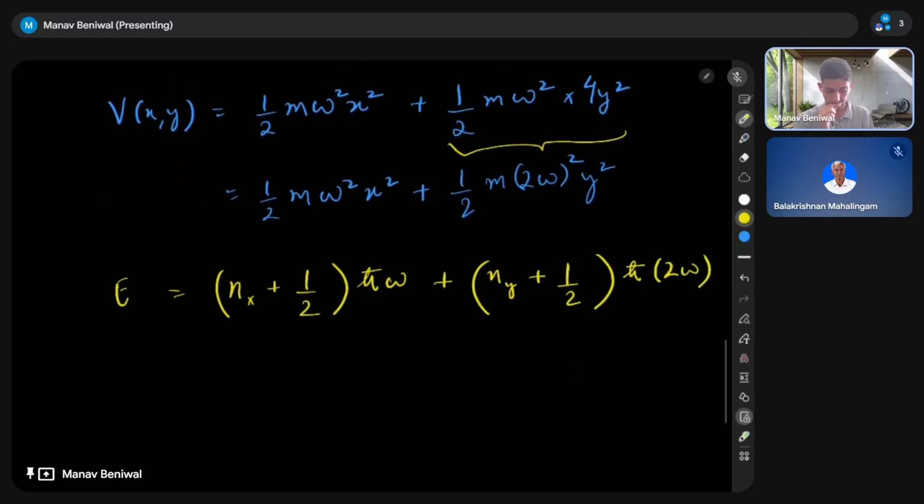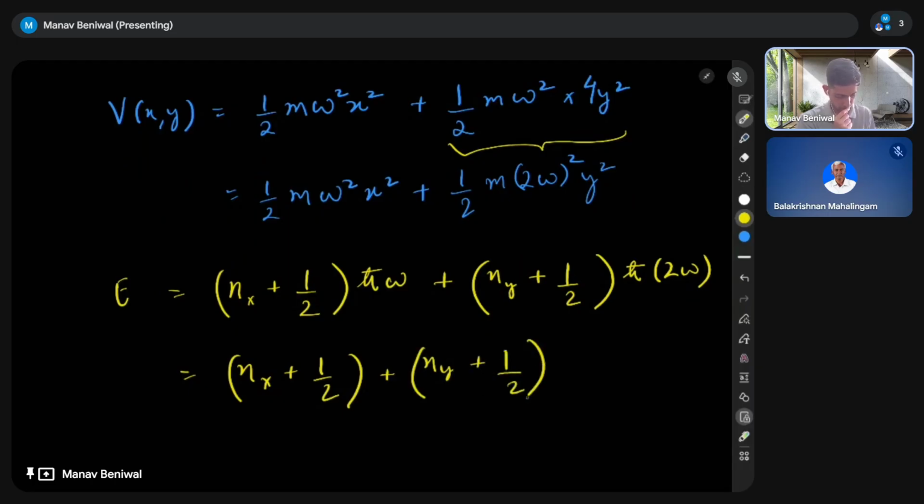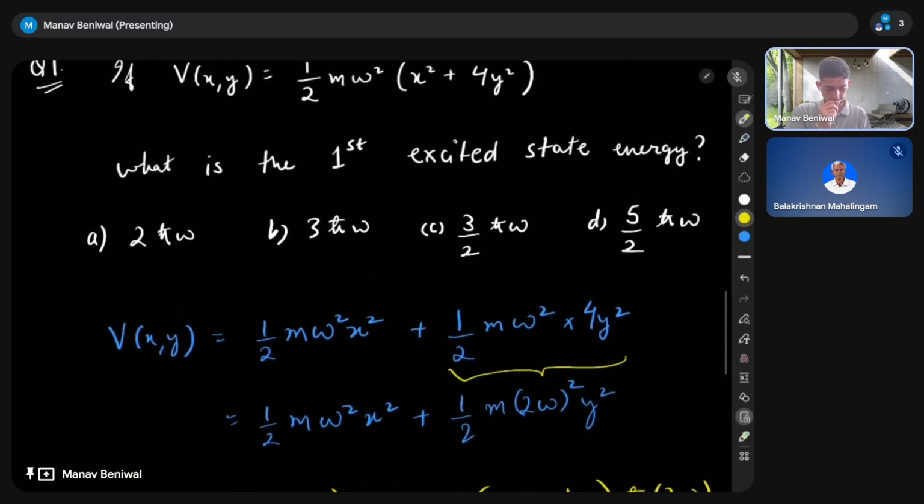Okay, so we can write it as nx plus half plus ny plus half into 2 and h cut omega. So this is our energy. Now the question is asking for the first excited state energy.